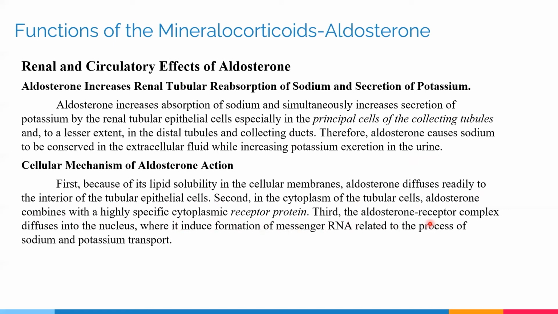Third, the aldosterone receptor complex diffuses into the nucleus where it induces formation of messenger RNA related to the process of sodium and potassium transport. This whole mechanism of action is similar between all steroid hormones and is something that we have discussed in the previous lecture.